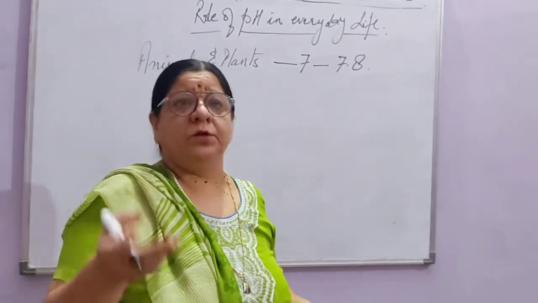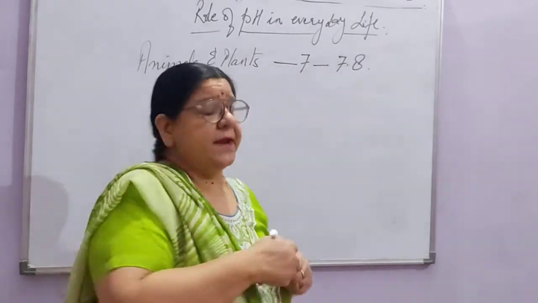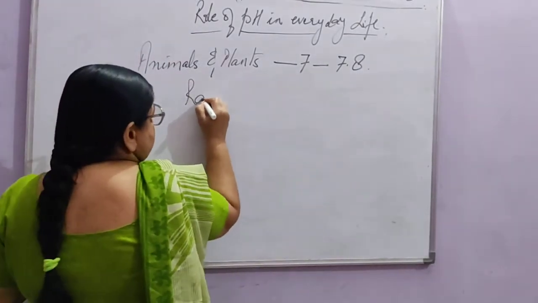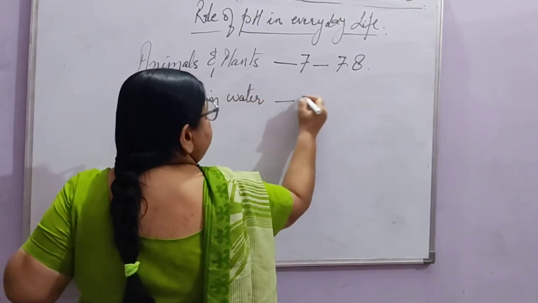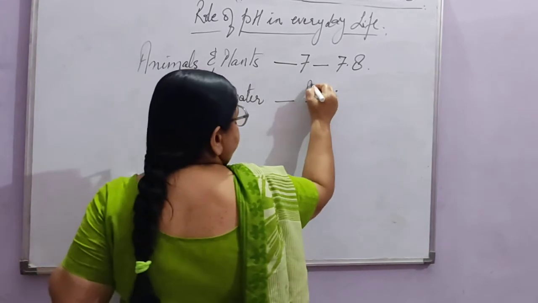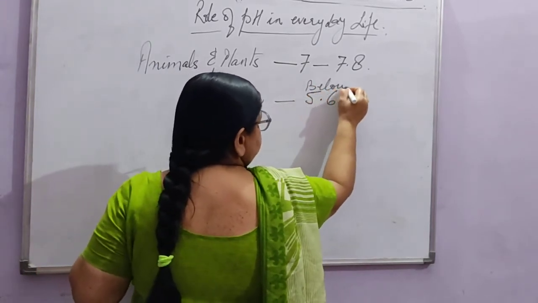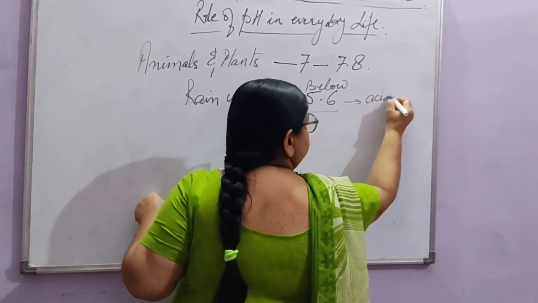Even for the animals, when there is acid rain, rain water which has pH below 5.6, that becomes acidic rain.